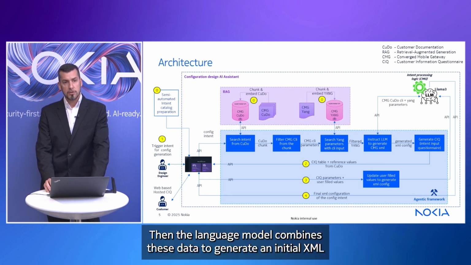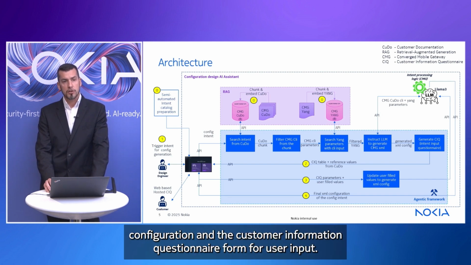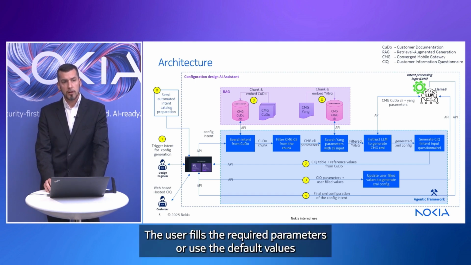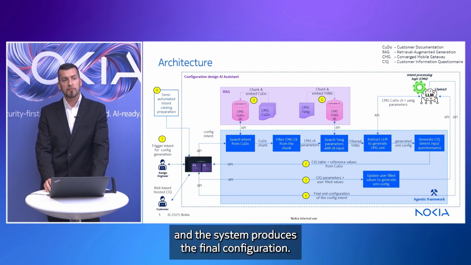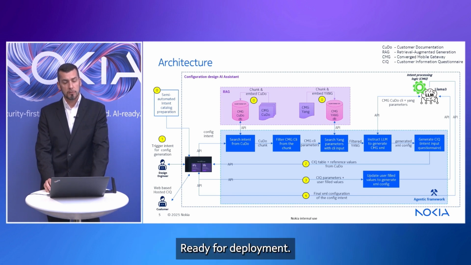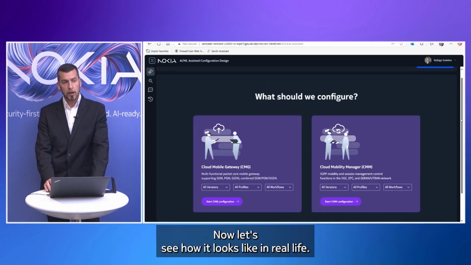Then the language model combines these data to generate an initial XML configuration and the customer information questionnaire form for user input. The user fills the required parameters or uses the default values, and the system produces the final configuration ready for deployment. Now let's see how it looks like in real life.